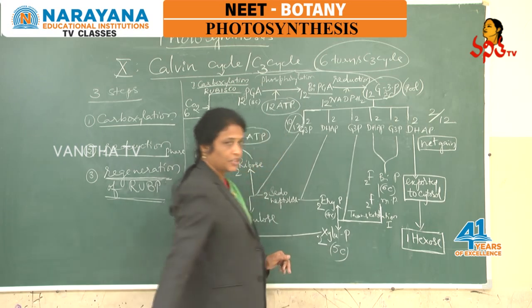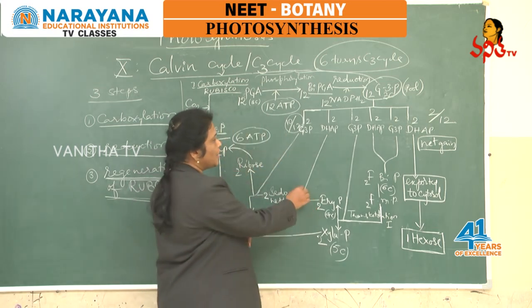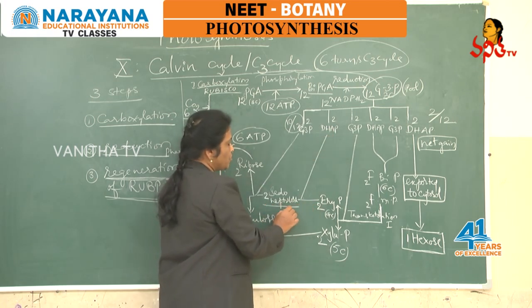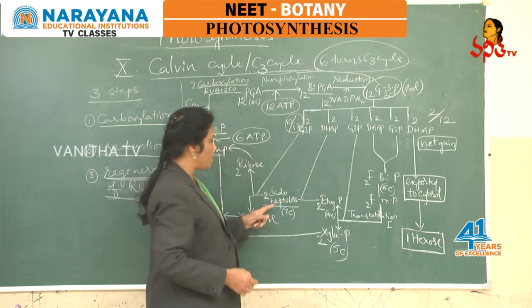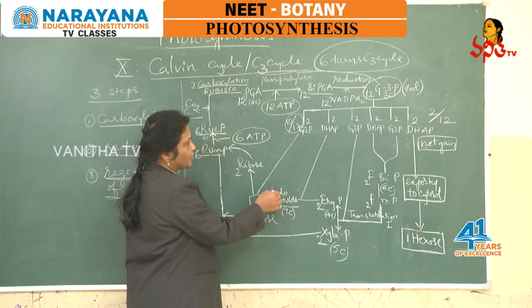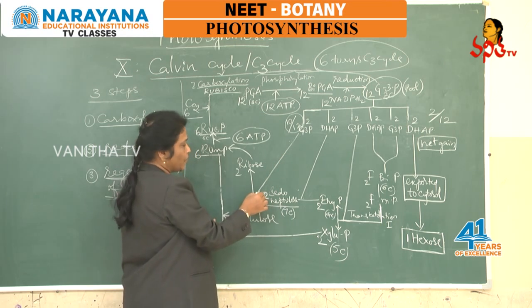This is transketolation 1. And now the 2 molecules of erythrose condense with 2 molecules of DHAP and form 2 molecules of a 7 carbon compound, that is sedoheptulose, and these 2 molecules of sedoheptulose are finally involved in transketolation along with the remaining 2 G3P molecules.